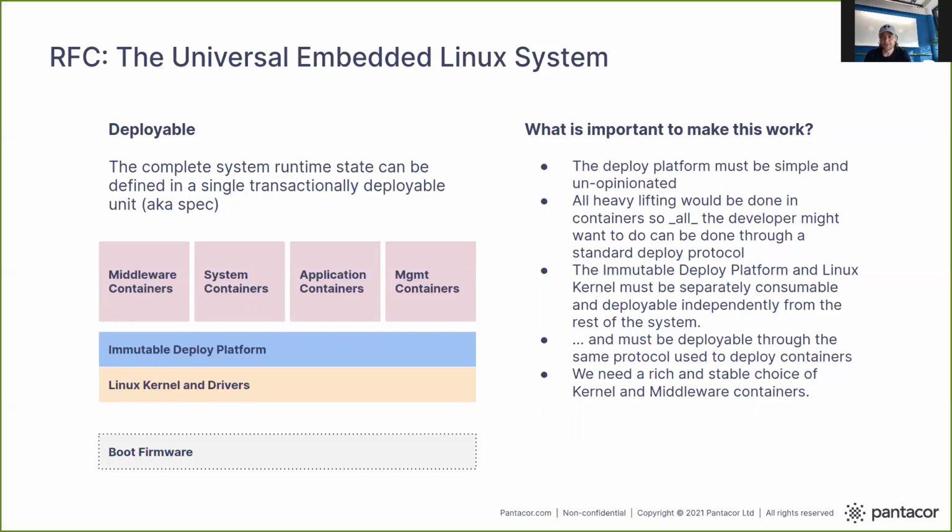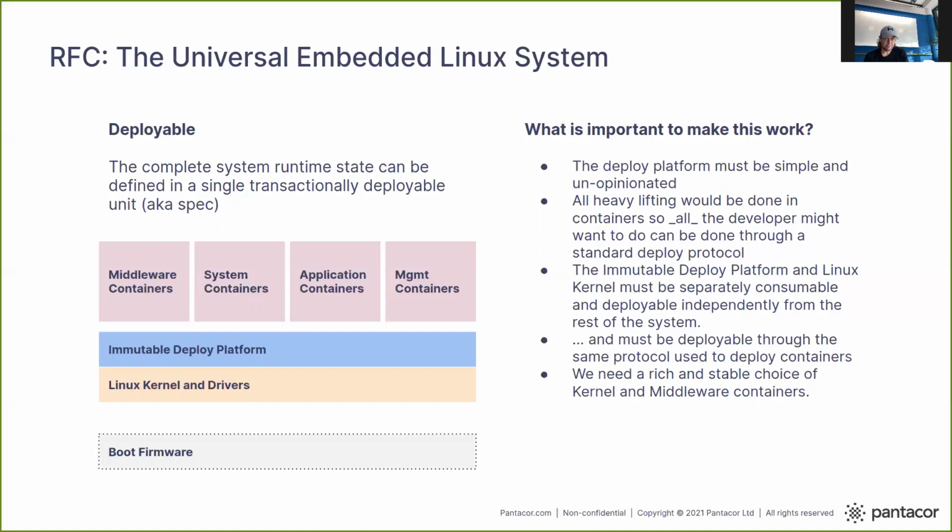In order to deploy something, however, you have to have a system that you can describe in a single transactional unit like this. And this is why this model is so great. You can define all the components in this picture in a single, transactionally deployable unit that you can then drive to the system over a deploy platform.